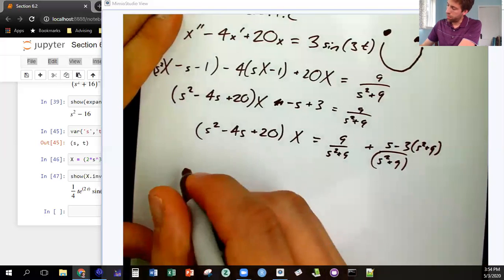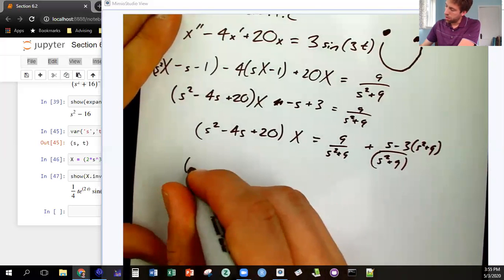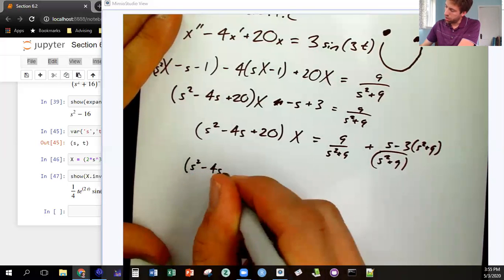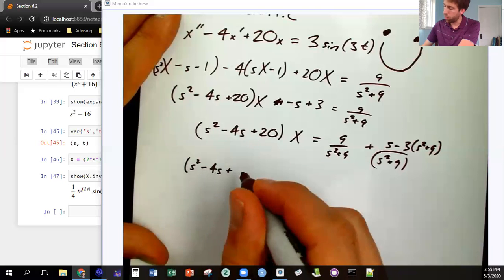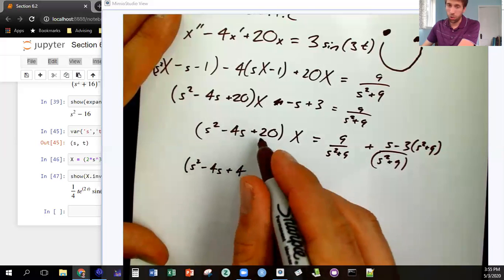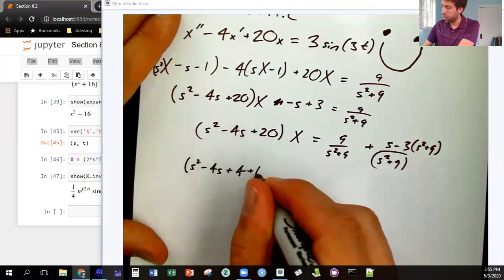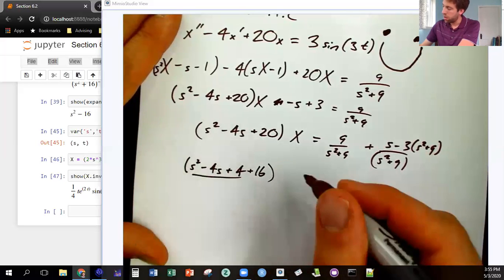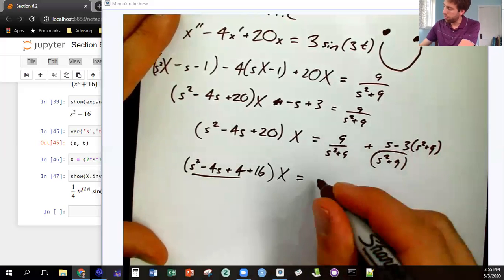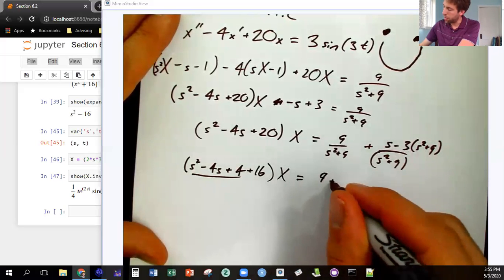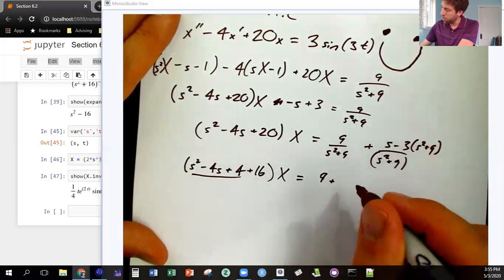So then we got s squared minus 4s plus, so then minus 4, divide by 2 squared is 4. And I'll kind of break our 20 into 4 and then what's left over. So 16 times X equals, let's factor that out and do 2 things at once here. 9 plus, how many s cubes? 1.